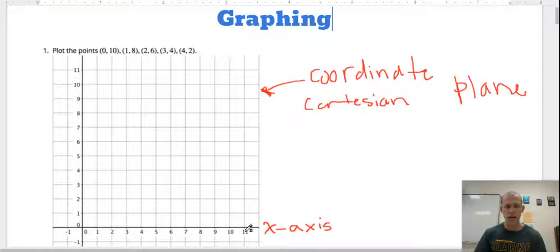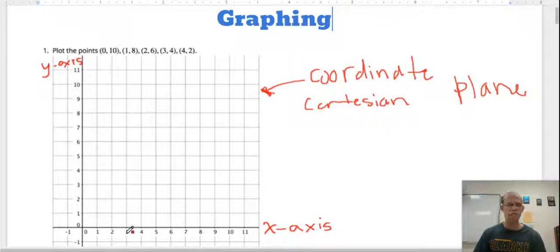It goes on from positive infinity, comes in, hits 0, and then goes all the way to negative infinity. That part is just not shown. This line is called the y-axis. It does the same thing but runs vertically. So it comes in from positive infinity and then goes all the way down to 0 and then continues going into the negatives to negative infinity.